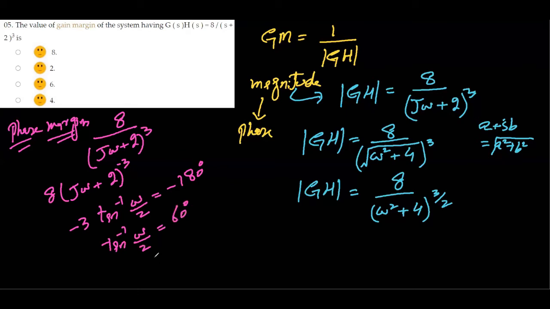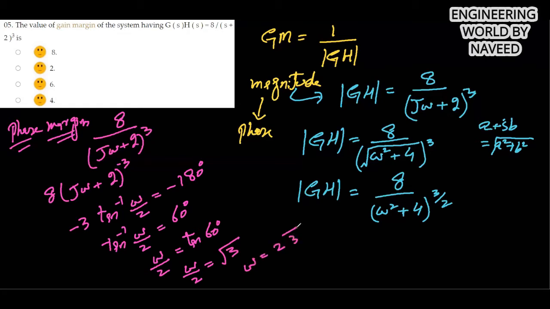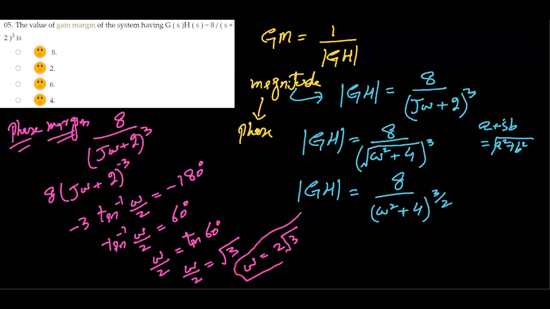So now you need to take the tangent of 60. Tangent 60 is equal to square root 3. So your omega will be equal to 2 into square root 3. Now you need to put the value of omega in this equation.